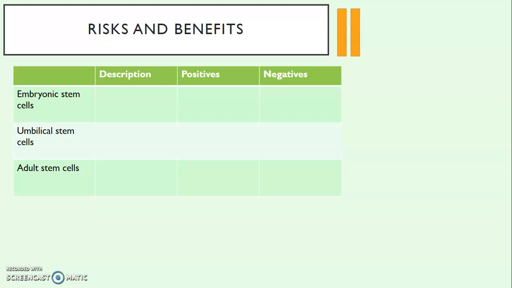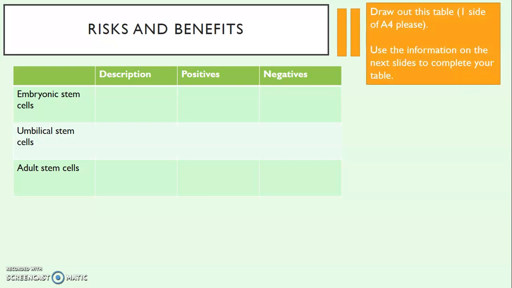So what I'd like you to do is pause the video, draw out this table, aim for one side of A4 please, and then use the information on the next slides to complete your table. And as I said, any extra information you can research would be absolutely fantastic. So for each one, you will need a description, the positives of it and the negatives.